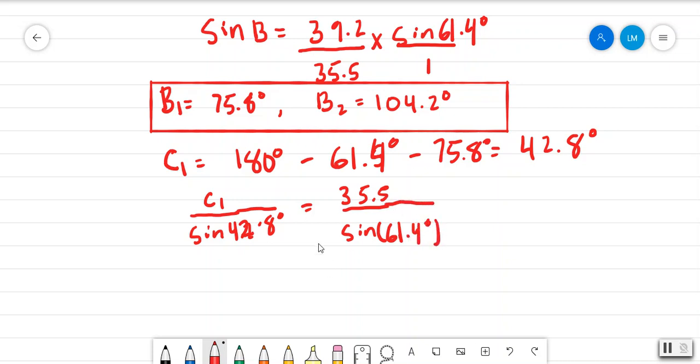When you do this computation, if you multiply by sine of 42.8 on both sides, you're going to find that little c1 is 27.5 centimeters. Okay, so that's going to be c1.